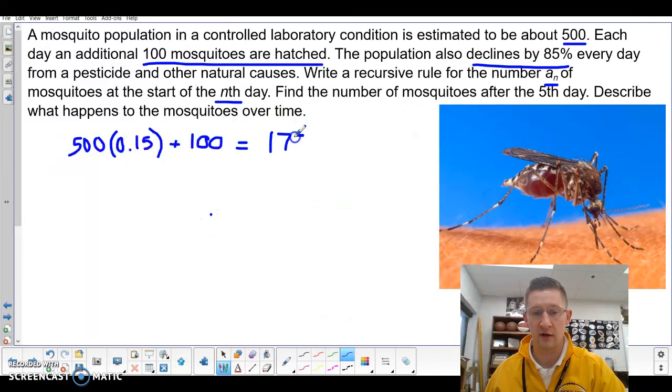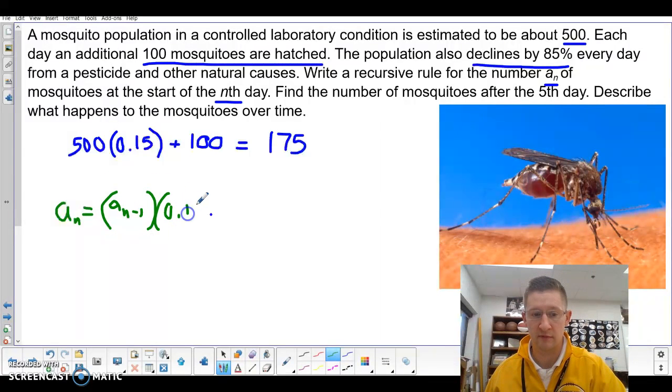Now, understand this is not a rule. This is just us putting numbers in order in an equation. We have to write a rule for a sub n. So I just wanted to write that out so you'd see what this might look like. To find the nth number of mosquitoes, however many mosquitoes are on day n, I take the previous number of mosquitoes, whatever it is, the day before, and I multiply that by 0.15.